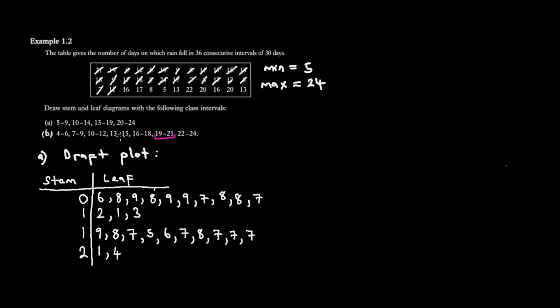It's a lot of work. 11, but you can see it is forming. 16, 17, 8, so 8 comes here, 5, 13, and then 22, 20, 0, then 16, 20, 13.